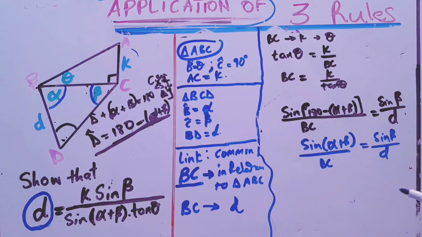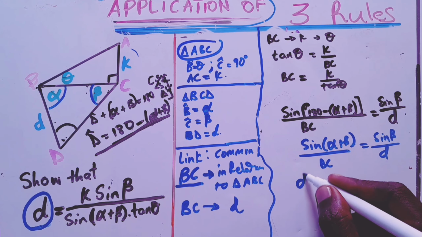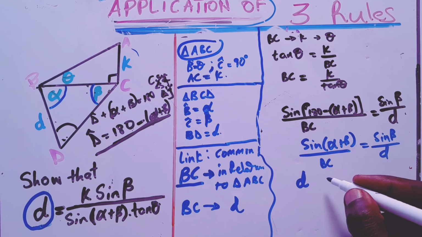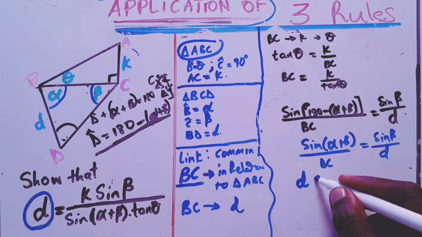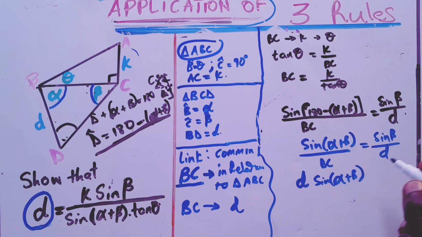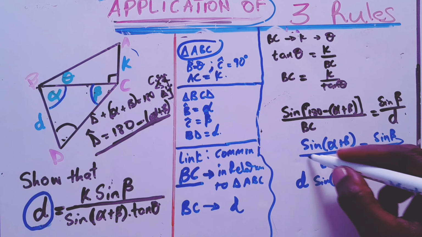Now we can multiply it throughout by D. So, or we can rearrange this formula as D sine of alpha plus beta is the same as sine beta multiplied by BC. So cross multiplied there.